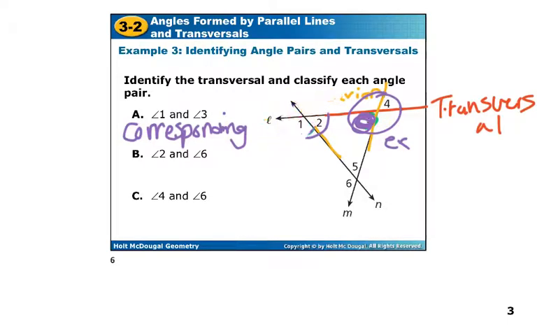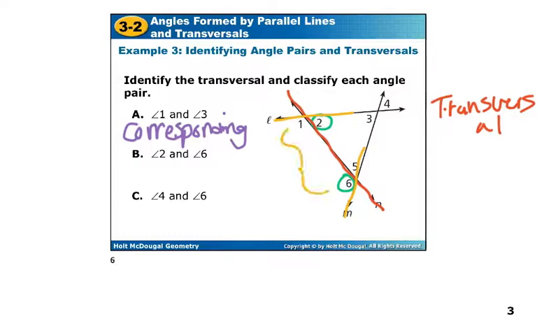Alright, then we're going to start all over again and identify the 2 angles we're looking at. So in part B, we're looking at angle 2 and 6. 2 and 6 both touch this line. So that's going to be our transversal. And then the other 2 lines that make it up, alright, this is going to be your interior.